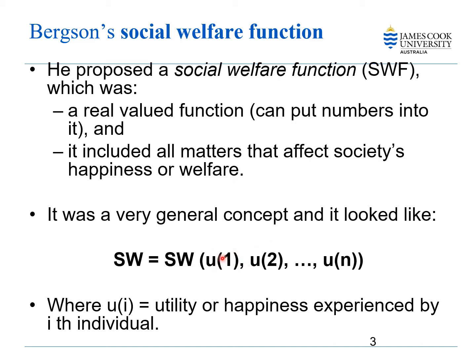So person 1, person 2, person n. So if we have this social welfare function, then the criteria, the yardstick that we can use to judge a project is whether this project improves the society's welfare. So conceptually it is simple now.